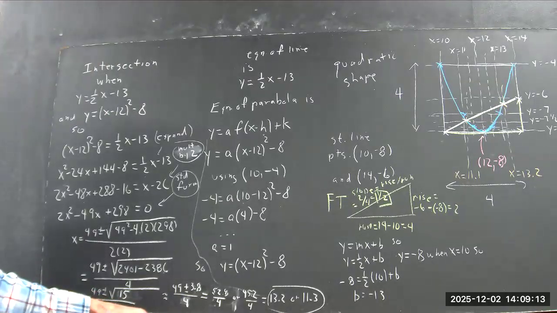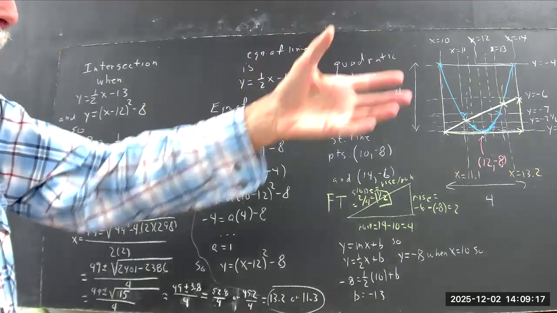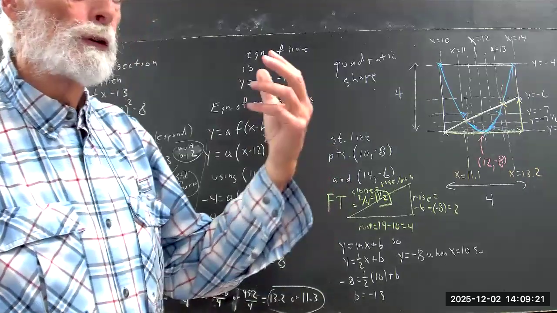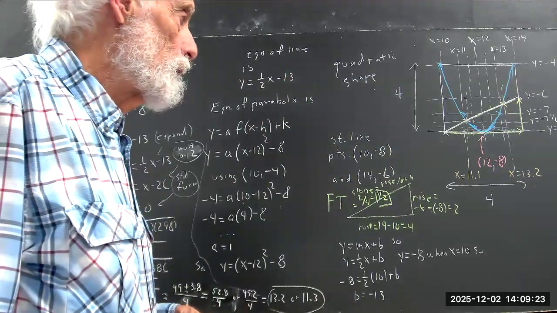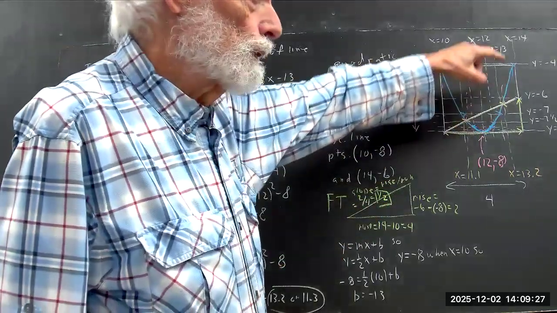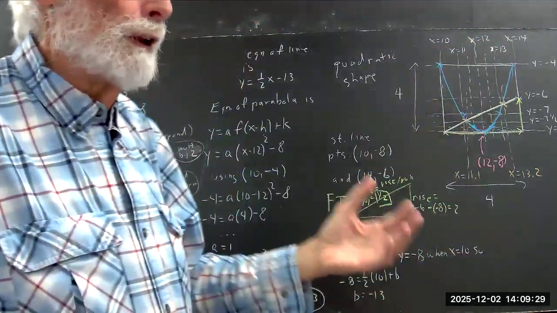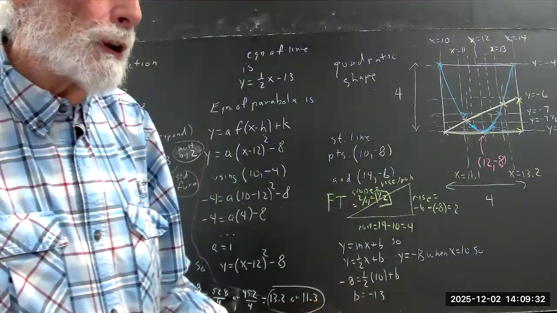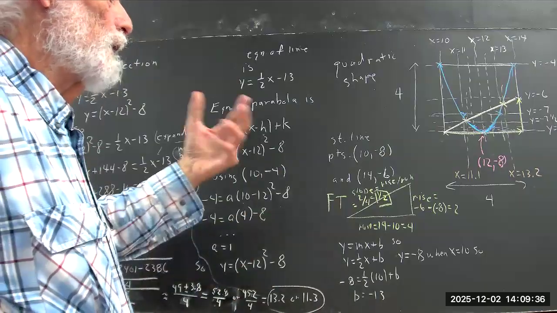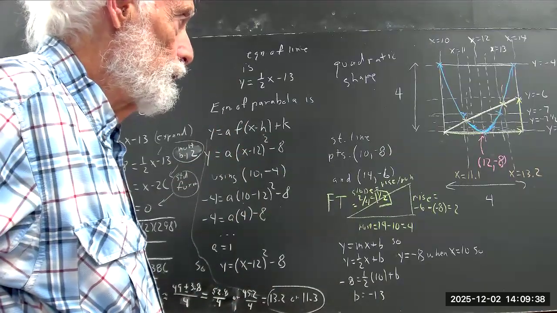Okay, so you have the whole idea of the intersection of two curves. Now you've done intersection of two straight lines. And of course, you can extend that to the intersection of two curves. You've got two straight lines, you set their equations equal to each other. You solve that as a set of simultaneous linear equations.